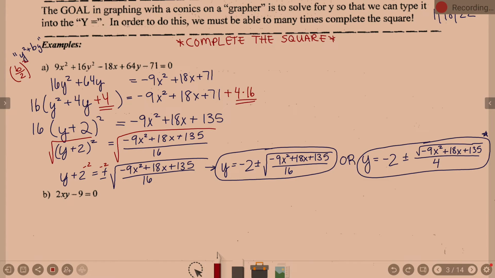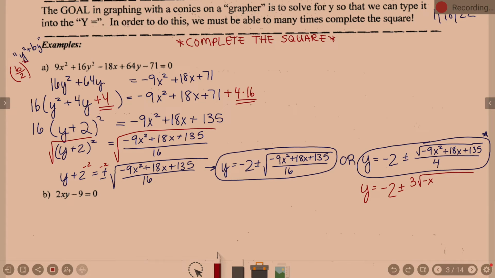I'm going to write it down here because I don't need as much room in the next problem. But another option would be to say y equals -2 plus or minus. Now, if I factor out a 9, then I can take the square root of 9 outside of the radical, the 9 becomes a 3, correct? So you would say 3 times the square root of, and then you're factoring the 9 out of these pieces.